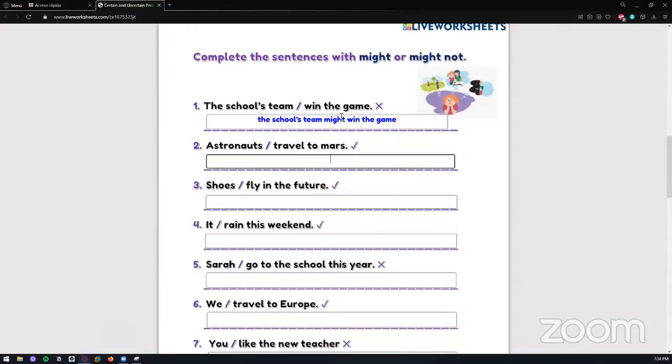Astronaut might not, might not, no? Yes. Astronaut might not travel to Mars. Okay. Shoes may not fly. Future.